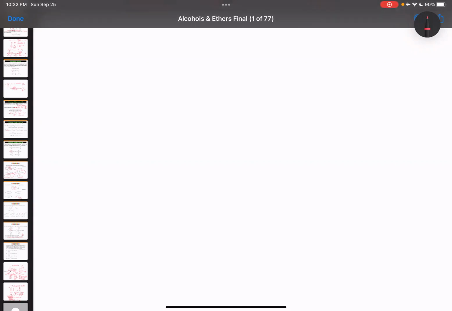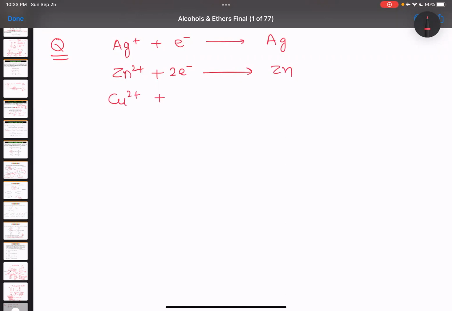So I will write few values in front of you. Ag plus plus electron, that is going to give you Ag. Okay, and zinc 2 plus plus 2 electron is going to give you zinc. Copper 2 plus is going to give you copper upon accepting 2 electrons.